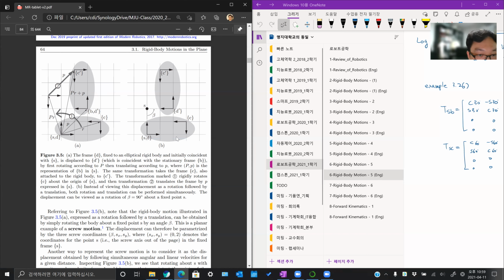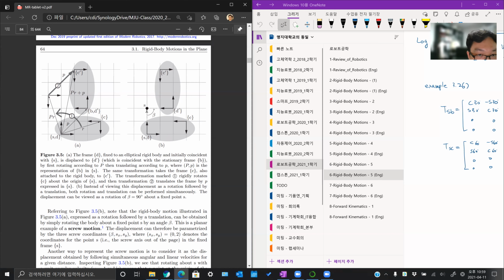But in the case of this one, this movement is just parameterized by three values. The first one is the rotation degree, beta, and the second two are the position of the screw axis. The screw coordinate is located at (0, 2) here.